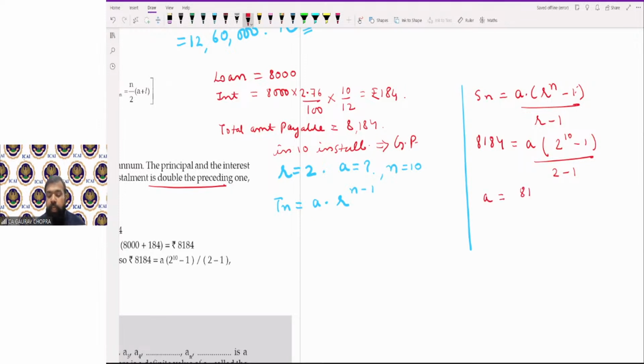So the value of a will come 8184 divided by 1023, it will be 8. So a is available now.